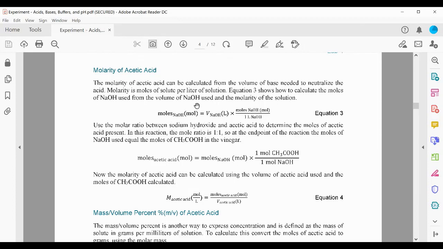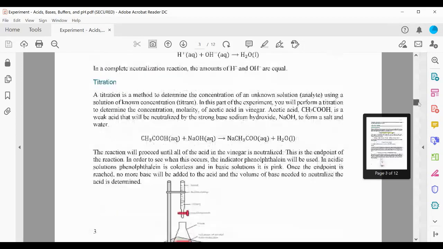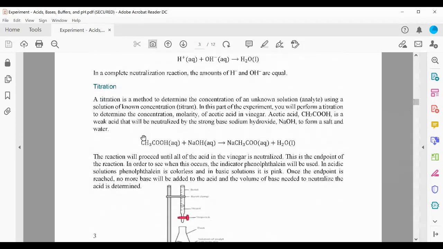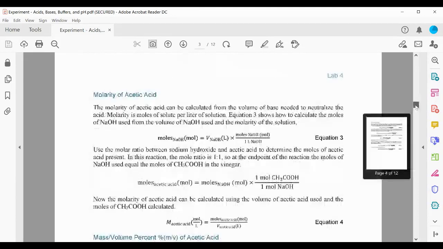First, how do we calculate the moles? Volume in liters times molarity is going to give us the number of moles of sodium hydroxide. And because we saw in this equation that it is 1:1, the number of moles of sodium hydroxide equals the number of moles of acetic acid.